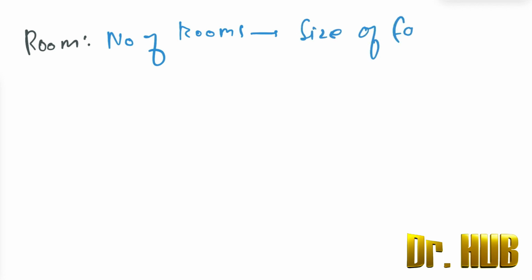The number of rooms must be according to the size of the family, and the basic number is 2.